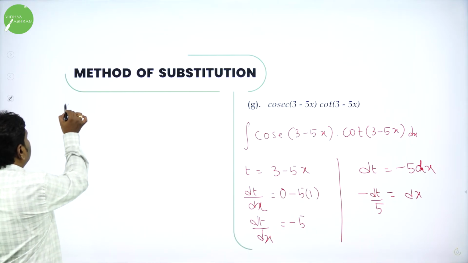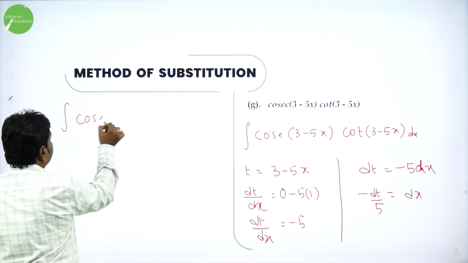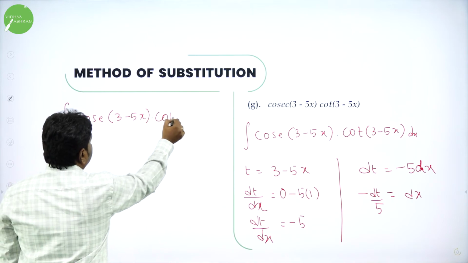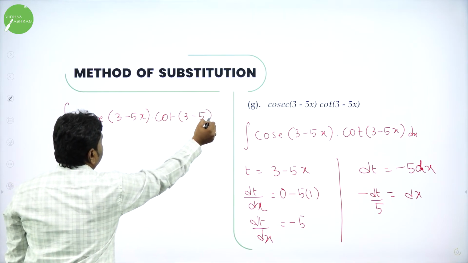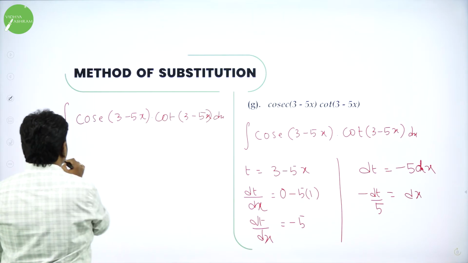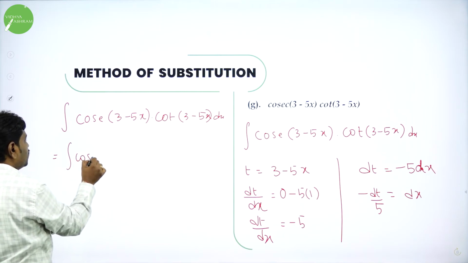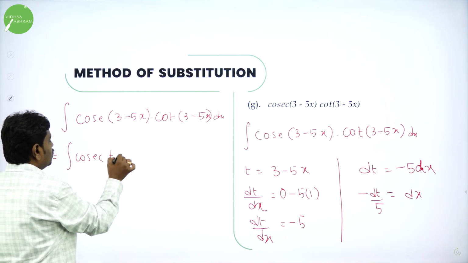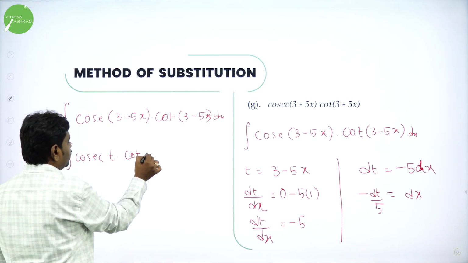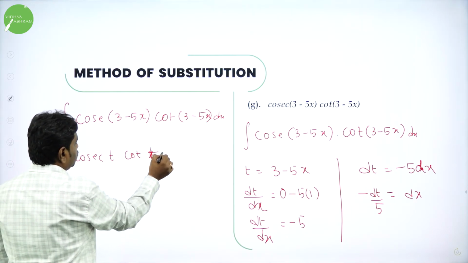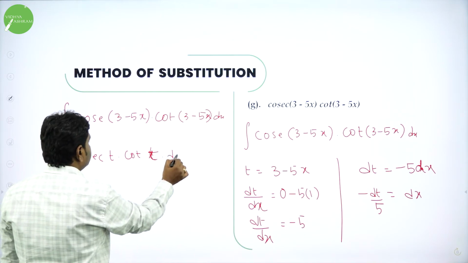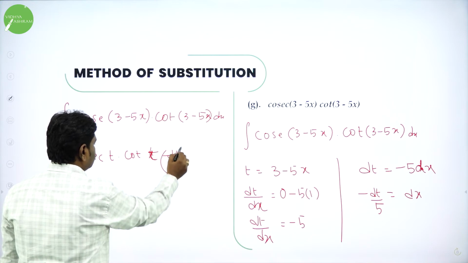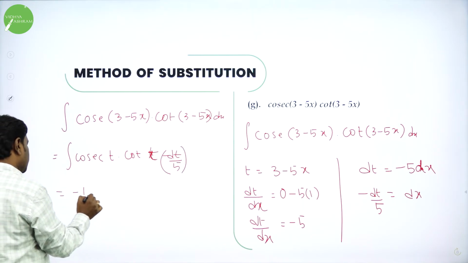So the given problem, the integration of cosecant of (3 minus 5x) into cot of (3 minus 5x) dx. What is the substitution? Integration of cosecant of 3 minus 5x; 3 minus 5x I am taking as t. Cot of 3 minus 5x I am taking as t, into dx. dx can be written as minus dt by 5. Now take out minus 1 by 5.